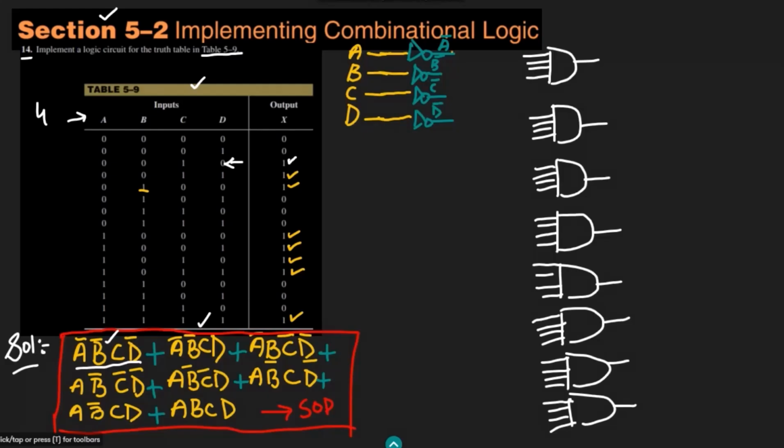So A complement will be this one, B complement will be this one, and C is uncomplemented, so it will be here, and then the D complement here as well. The output of this gate will be A complement, B complement, C, D complement.